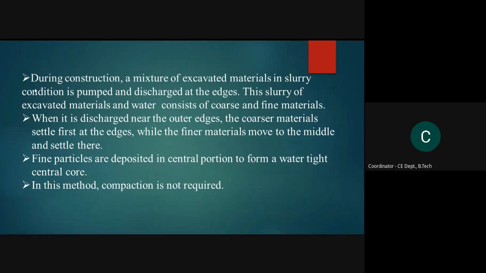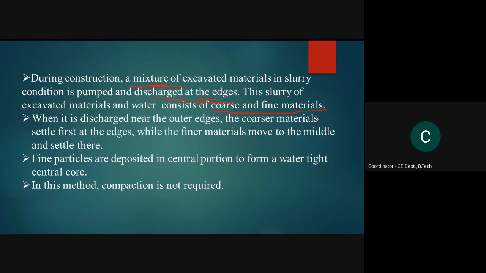During the construction, a mixture of excavated materials in slurry condition is pumped and discharged at the edges. First that mixture is discharged at the edges. In that slurry, the excavated materials and water consist of coarse and fine materials.